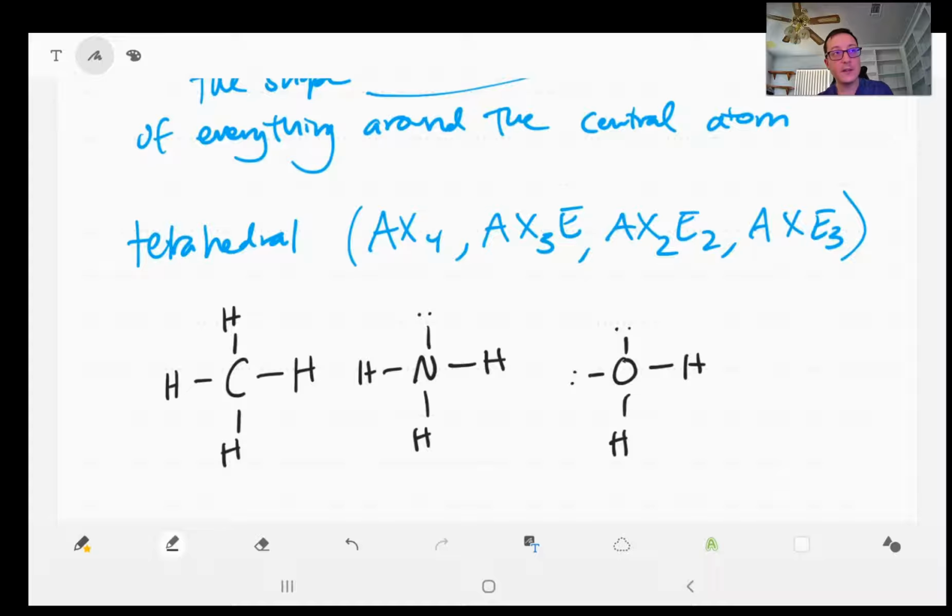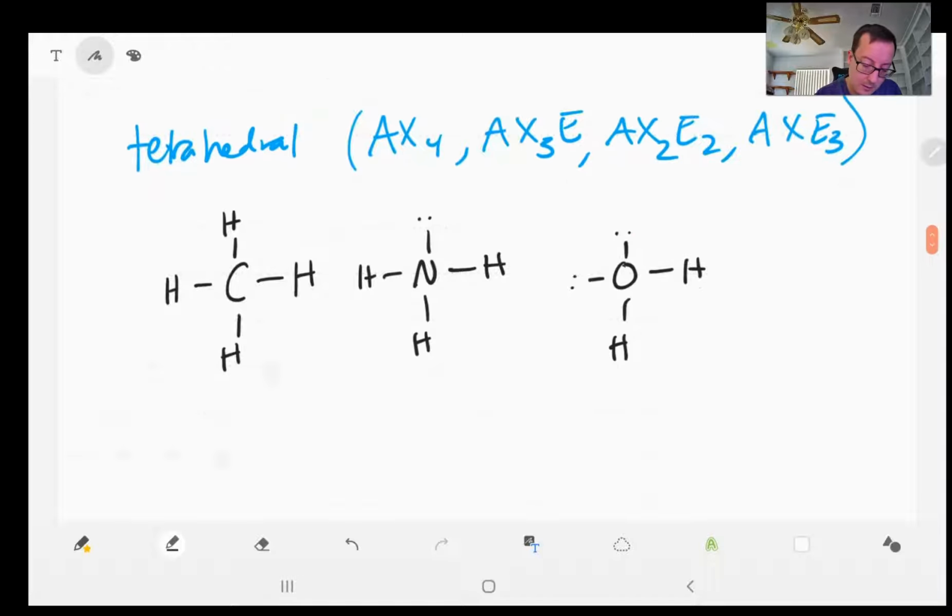The difference is we're going to see that lone pairs are not visible to us. They're incredibly small. Atoms are much, much bigger than lone pairs are. So that's the reason that we will talk about molecular shape as something different. So let me just write that out.